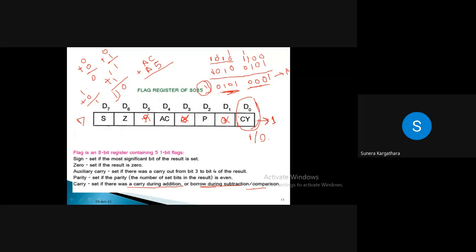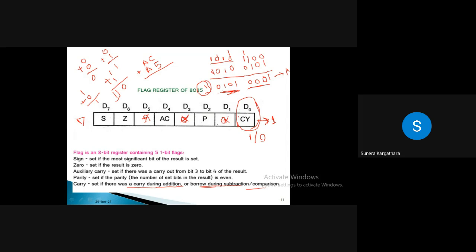It has a value 0. But if carry or borrow is generated from the result, you will find that status here in the carry bit. So I hope I'm clear with this discussion. Any doubt, students? No, ma'am. Okay.